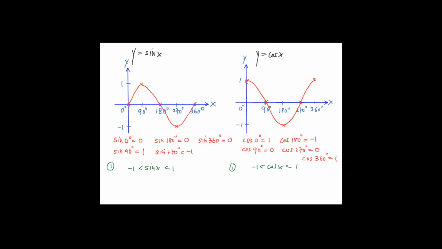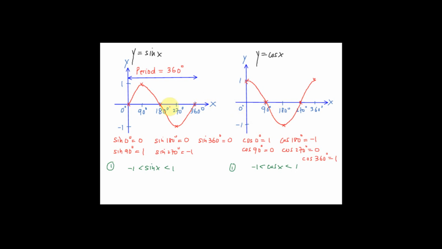Another important thing here is that for sine x, one complete turn is actually 360 degrees. We call this the period, which is 360 degrees. It means that the sine x curve is going to repeat this cycle. This is considered one cycle.